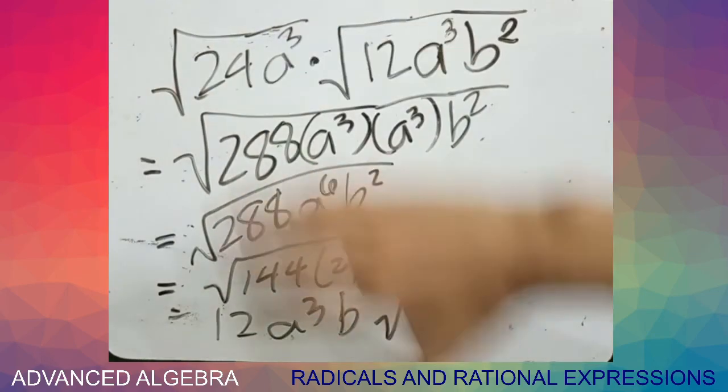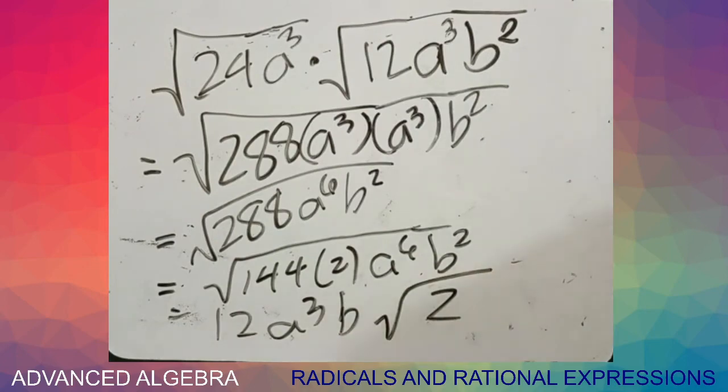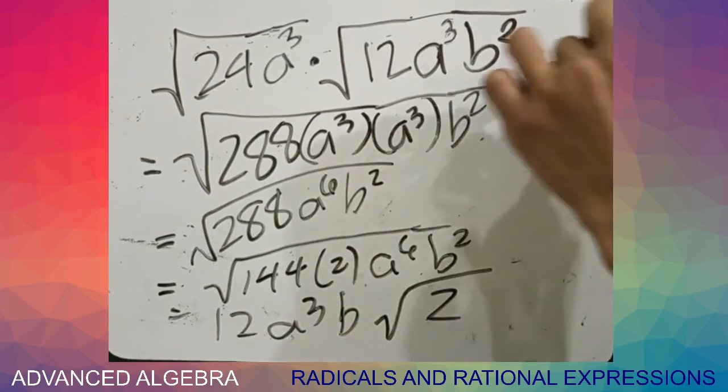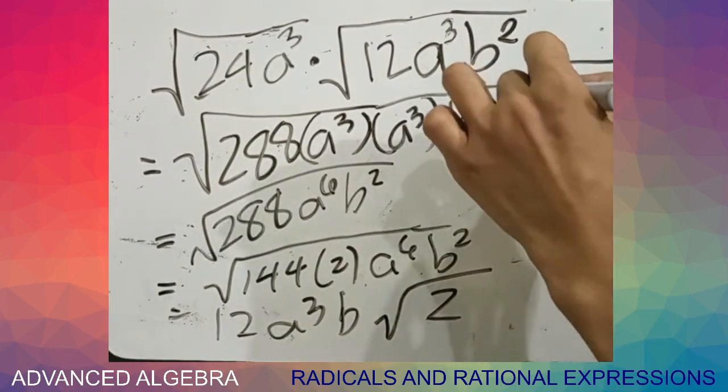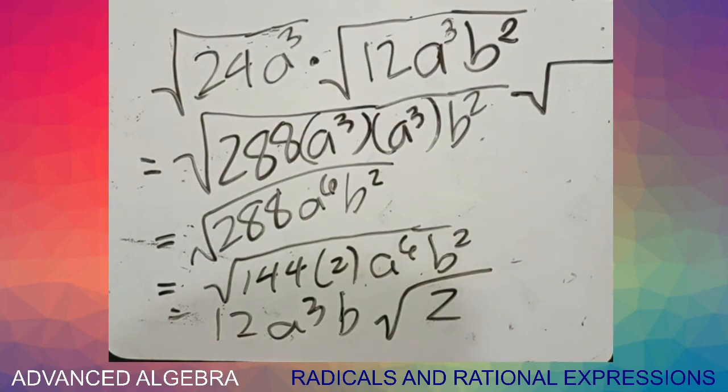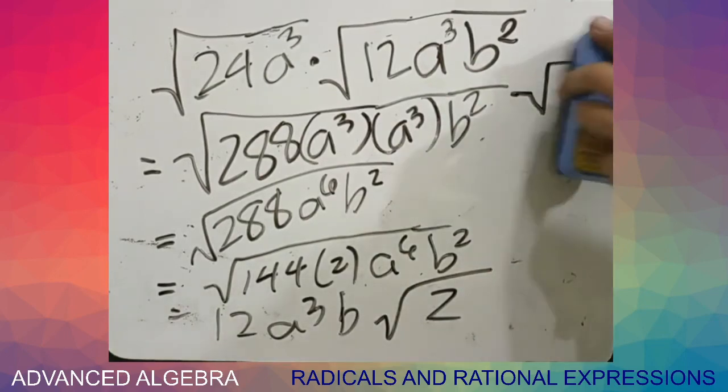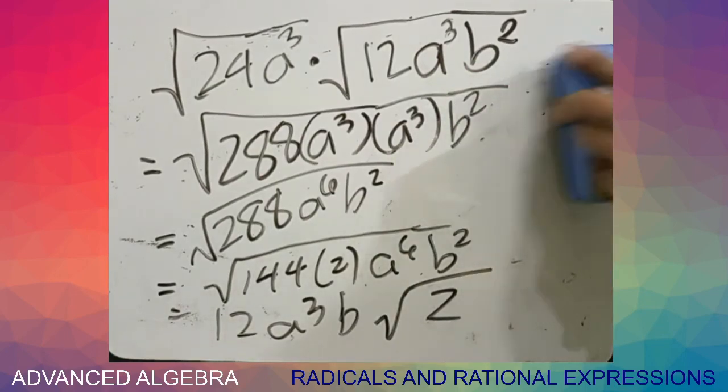Medyo mahaba yung ating solution, pero ganun pa rin naman ang sagot. Ayusin nyo na lang yung square root natin. Dapat tuwid yung nasa taas. Okay? Yan ang example sa product rule.